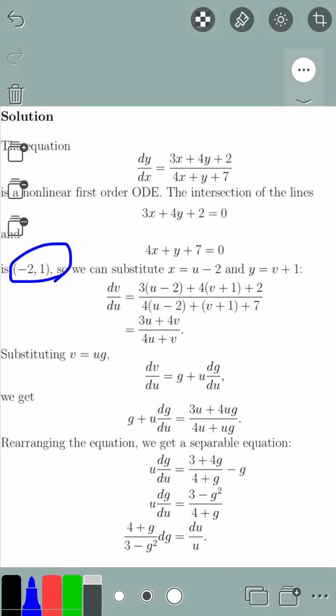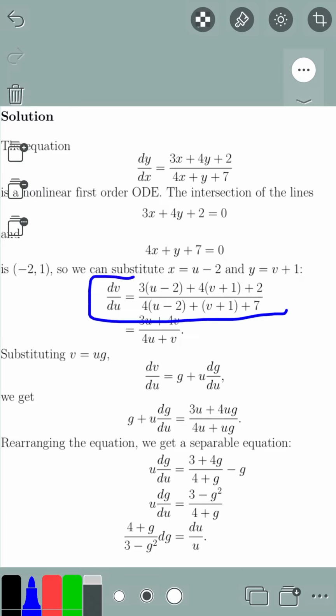Anyway, so the intersection of these two lines is -2, 1. So we can substitute x equals u minus 2, and y equals v plus 1 here. After substituting, dx is still du and dy is still dv, and so you get dv over du.